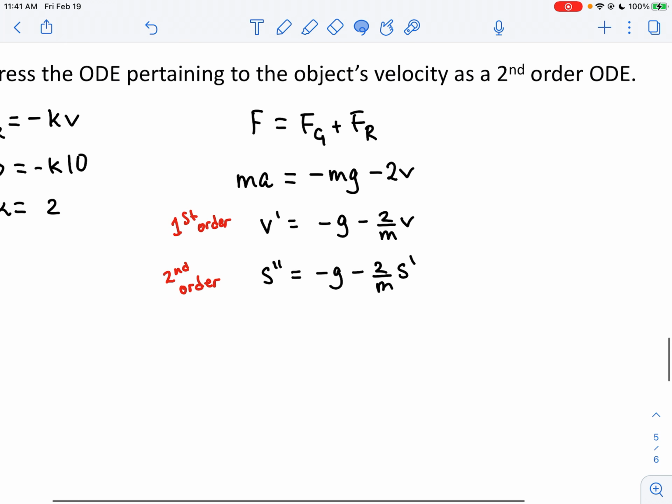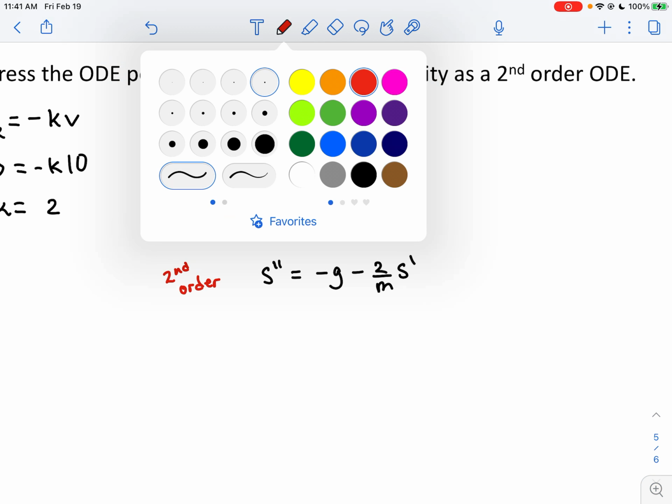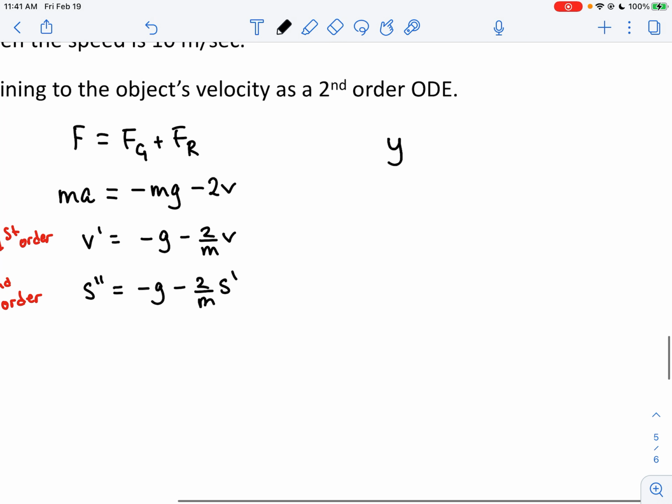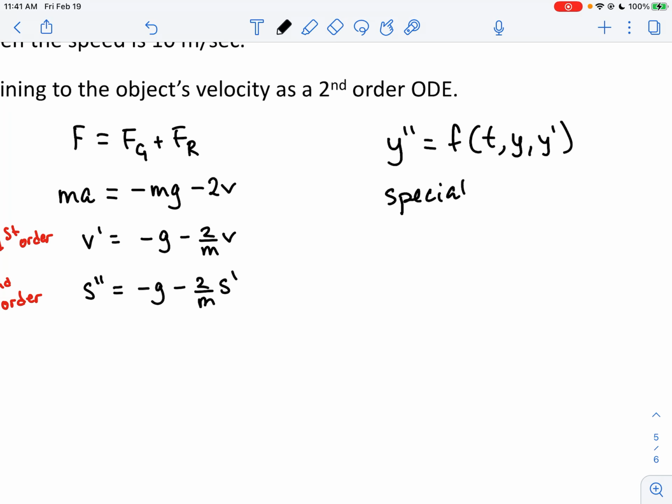But in general, there's a special case of a second order differential equation. In general, for differential equations, if you can isolate the y double prime, it would be some sort of function of t, y, and y prime. But the special case is that if the second derivative could be expressed as a function of just t and y prime, there's no y here.